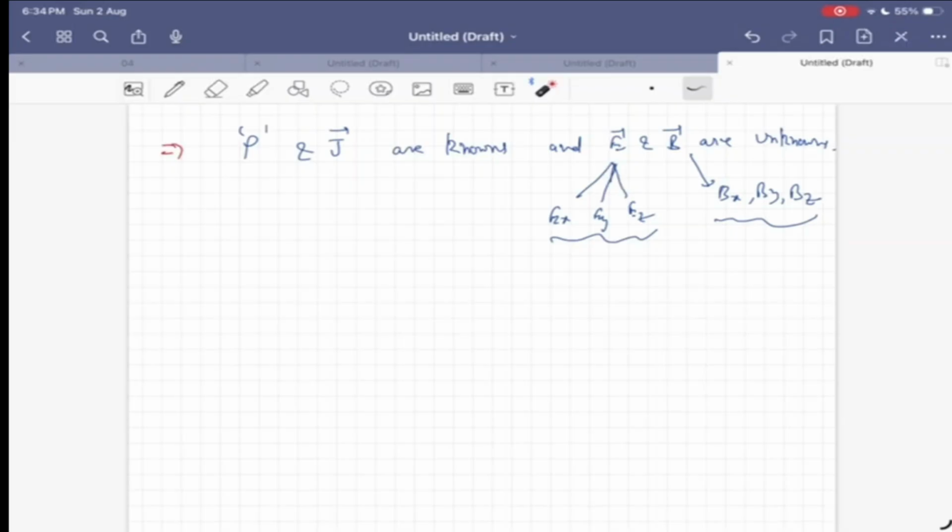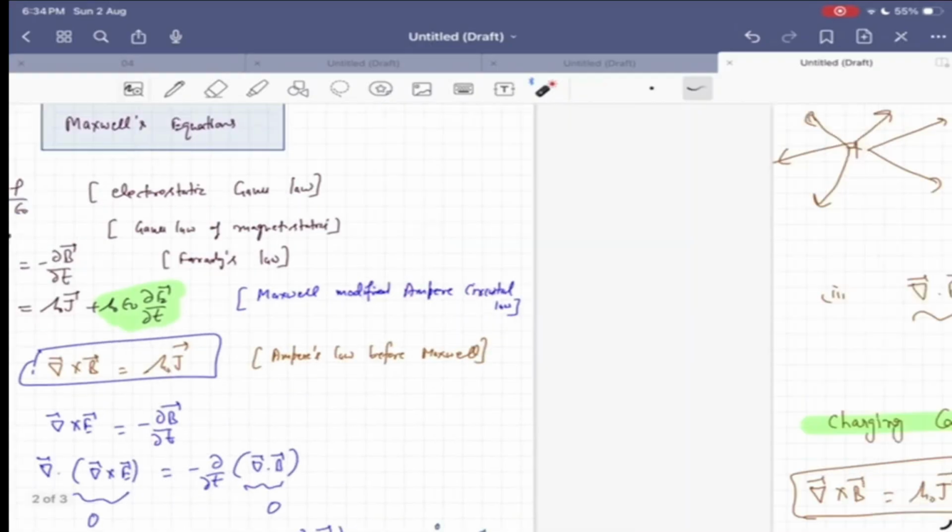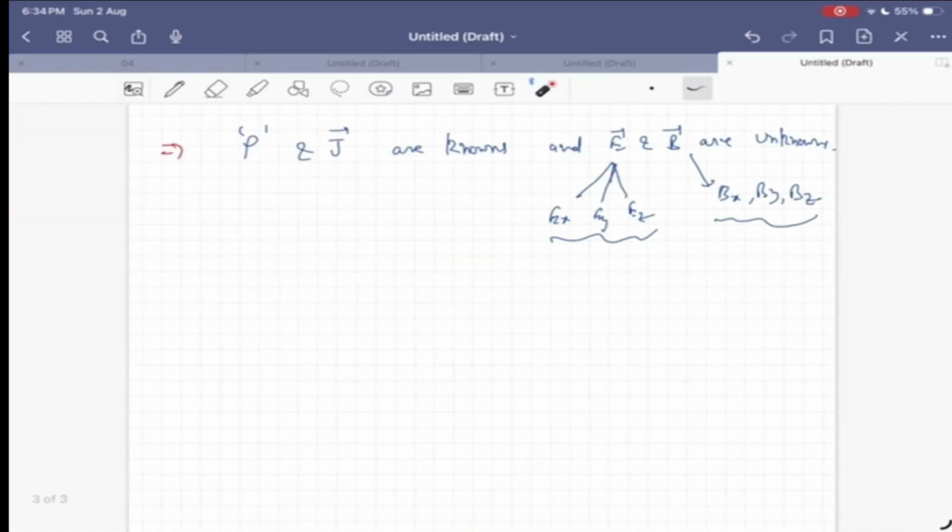But we have seen that all these four laws are very well verified, experimentally verified, theoretically well established laws. So there is no question on the existence of E and B if rho and J are given. So the other possibility is that some of these equations have redundant information, that is, repetitive information that already exists in the rest of the equations.